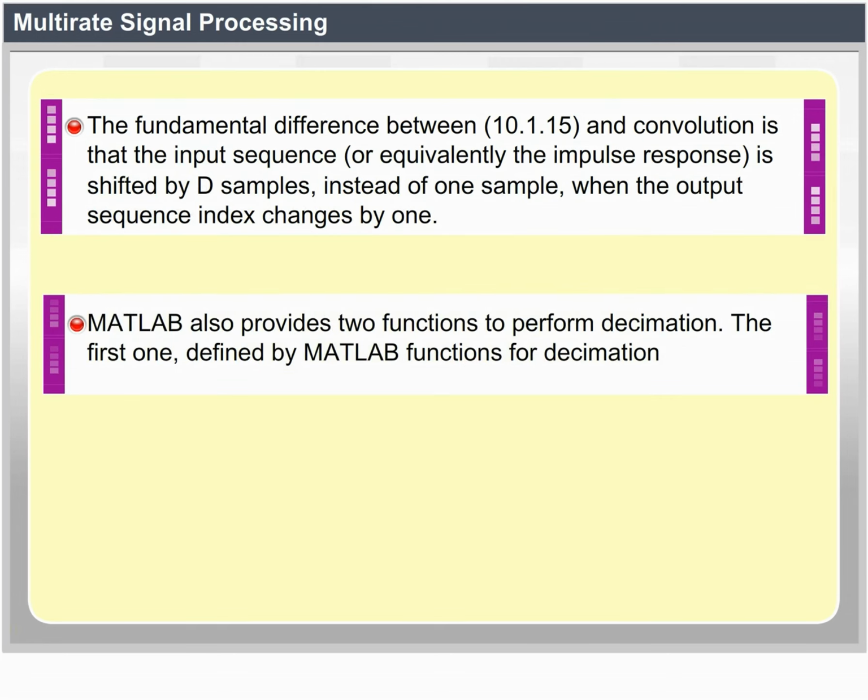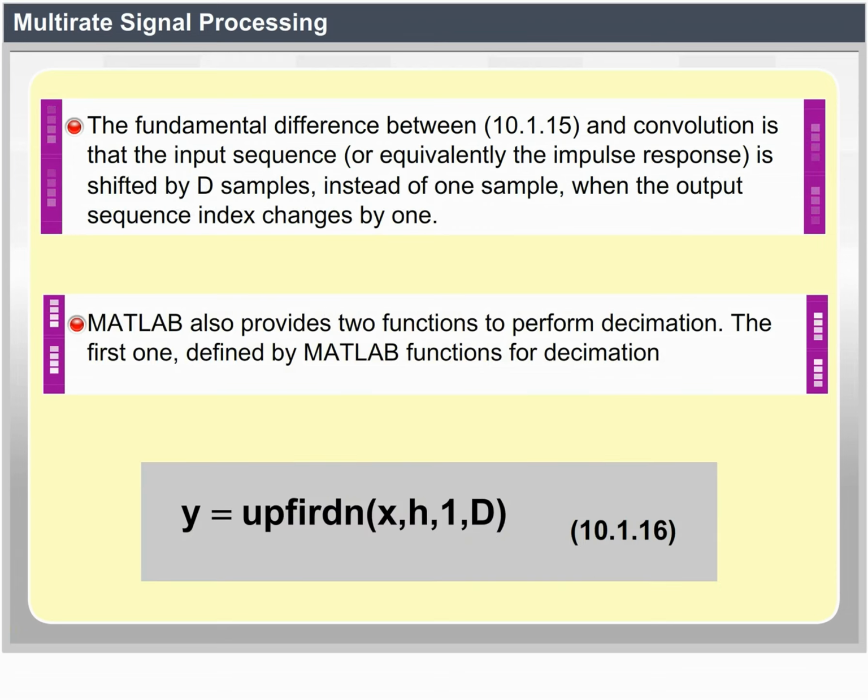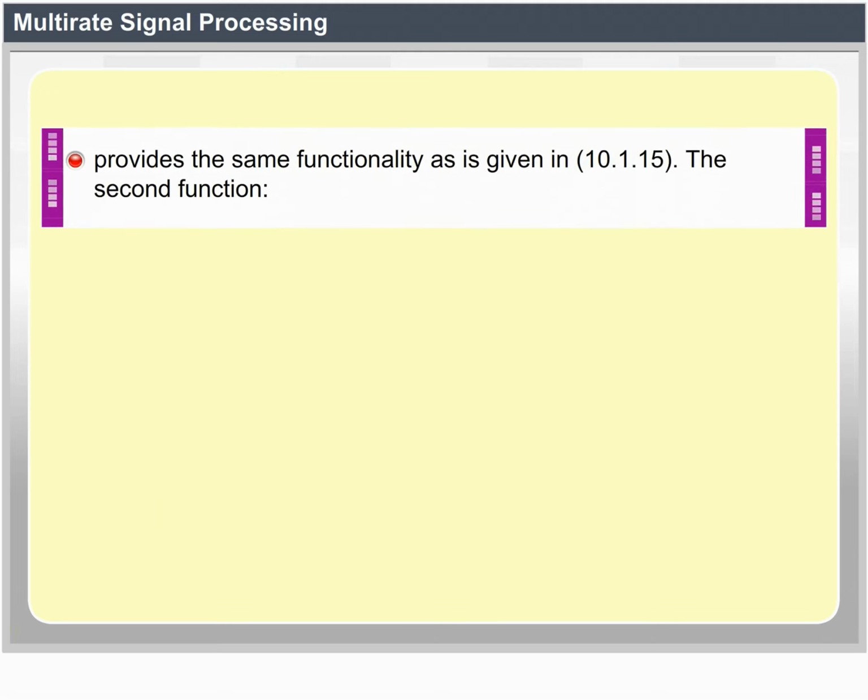The first one is defined by MATLAB functions for decimation: y equal to firdn(x, h, 1, d), called equation number 10.1.16, provides the same functionality as is given in 10.1.15.